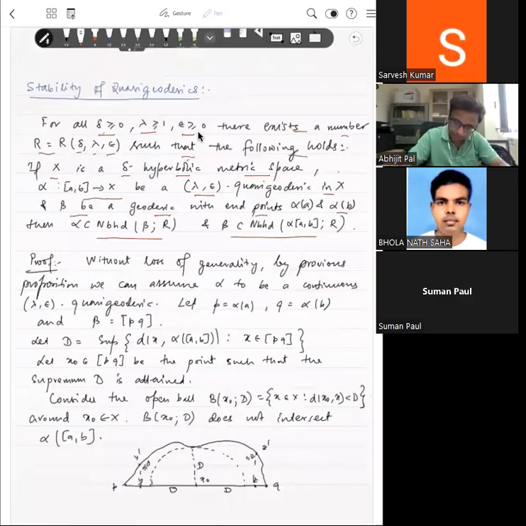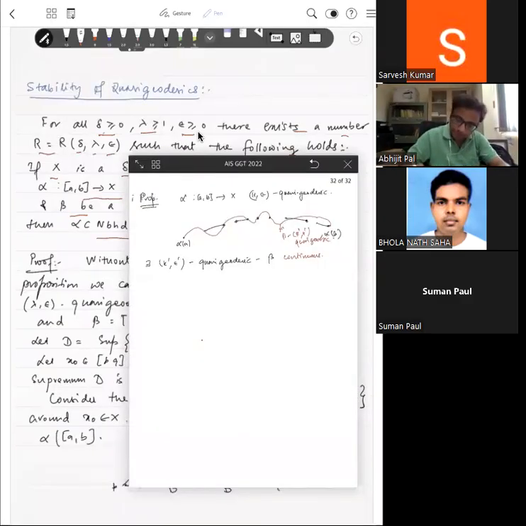Okay, so let me again draw a picture. So suppose this is my quasi-geodesic alpha. So this is a lambda epsilon quasi-geodesic, and this is my geodesic.